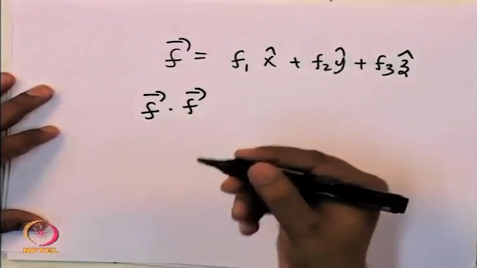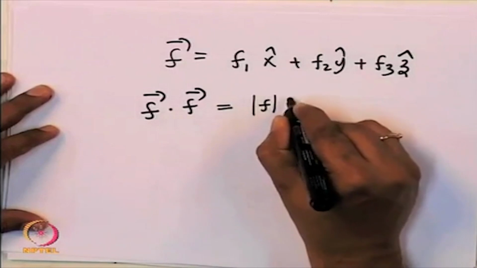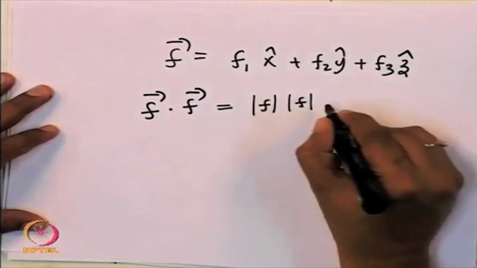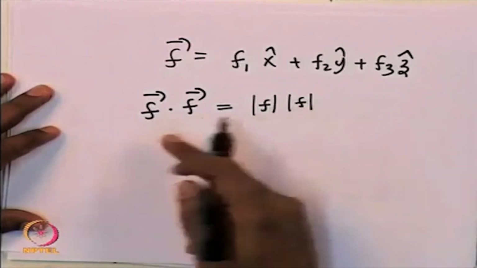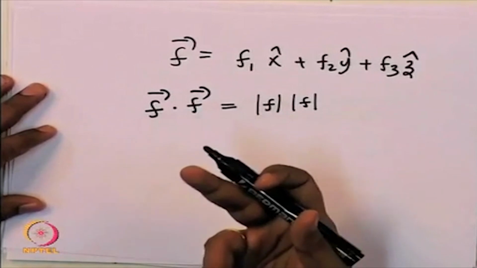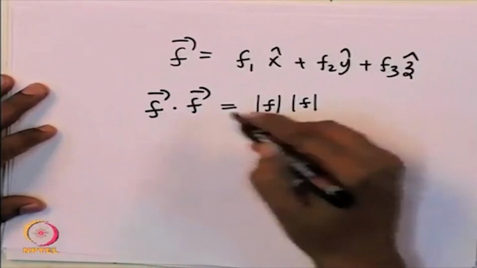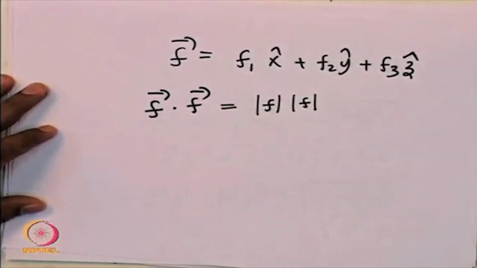This is like finding the square. So this is mod f, again mod f, and the cos of the angle between them. If you have the same vectors, there is no angle, because f is in the same direction as f. So cos 0 is 1, and it is just f times f.